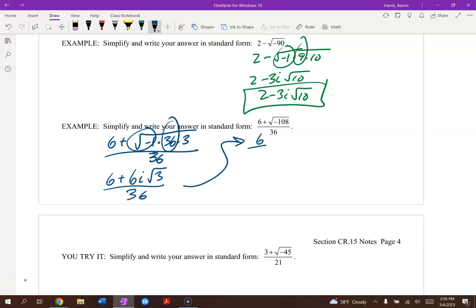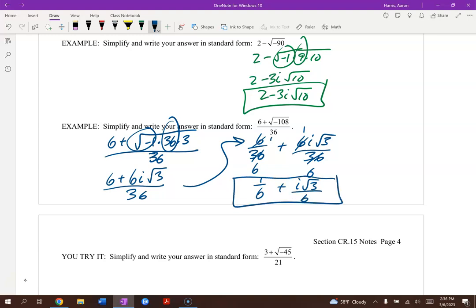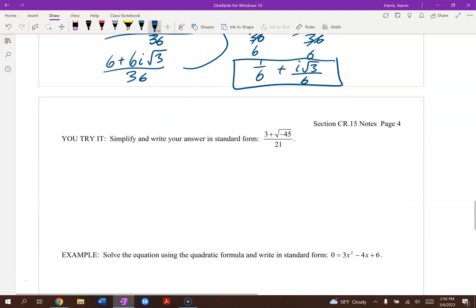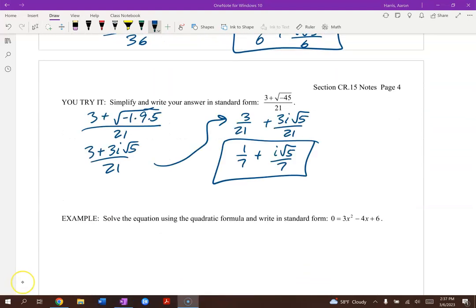And then each of these can be over that. 6 over 36 is 1/6. Same thing here. So I got 1/6 plus 1i, or just i, root 3 all over 6. All right, let's keep going with these. Do another one. Let me pause it, let you try that. All right, so hopefully you can see the process there, on that one you try.